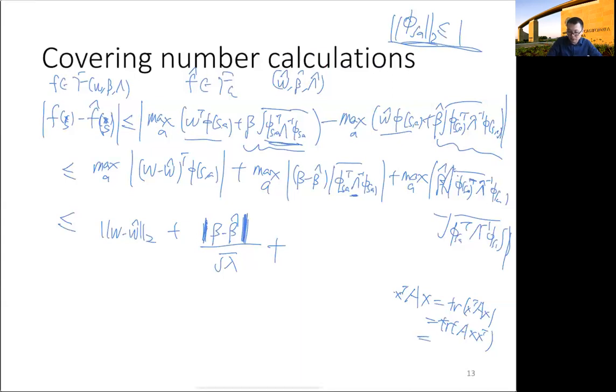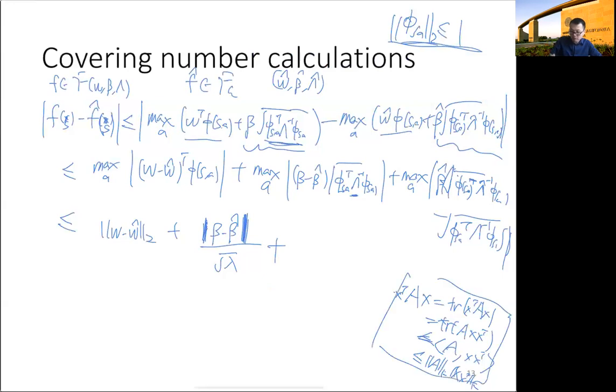Then you can bound this using the standard Cauchy-Schwarz inequality, because the trace is equal to the element-wise inner product. So this is smaller than A's Frobenius norm times X X transpose's Frobenius norm.